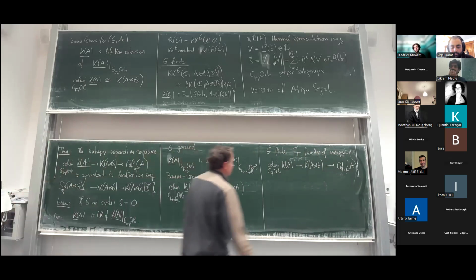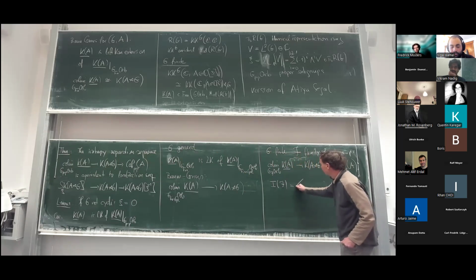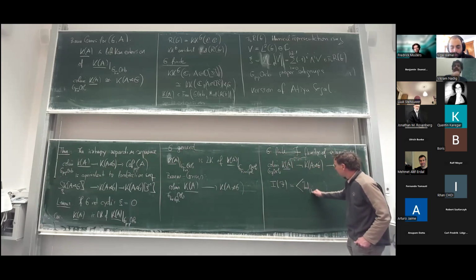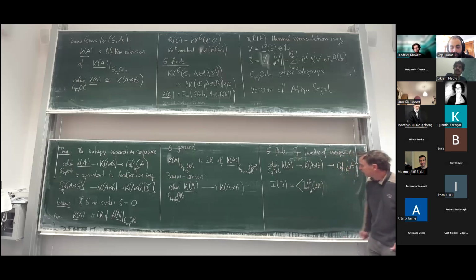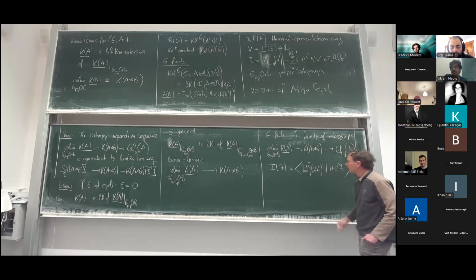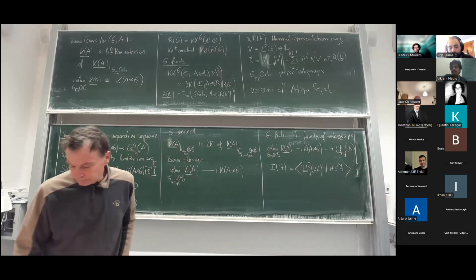Now, if we take I of F, the localizing subcategory generated by induced things from KK from H to G for all H in the family, then we have a simple proposition.